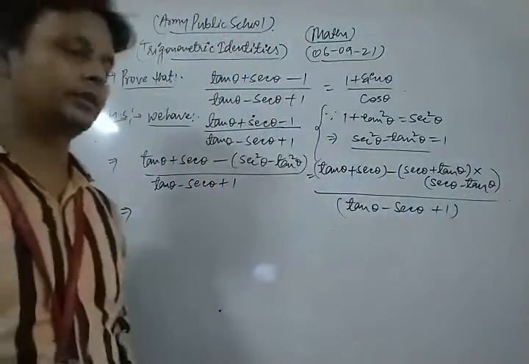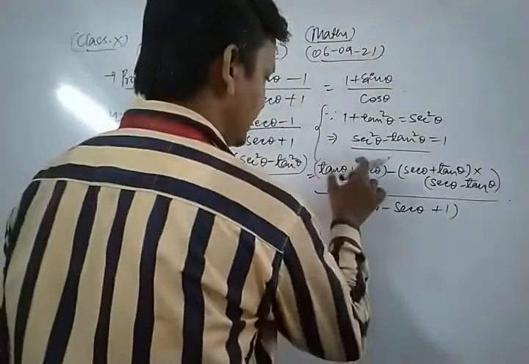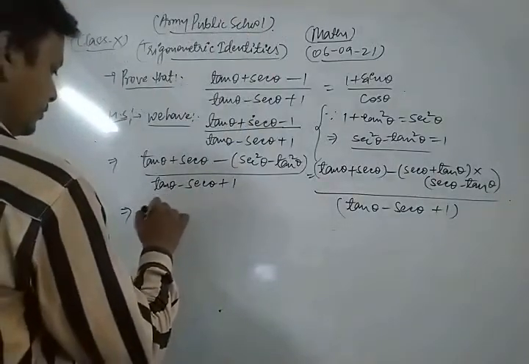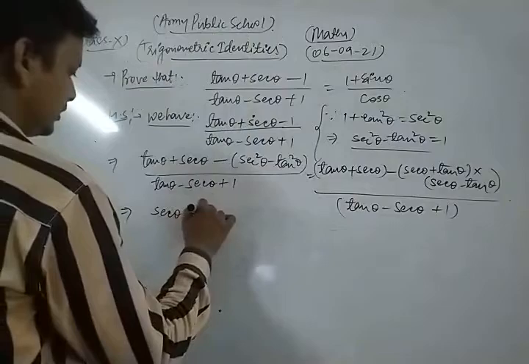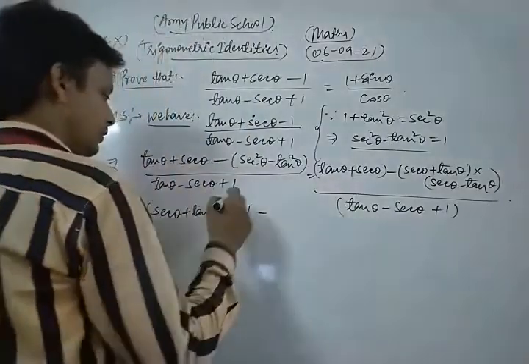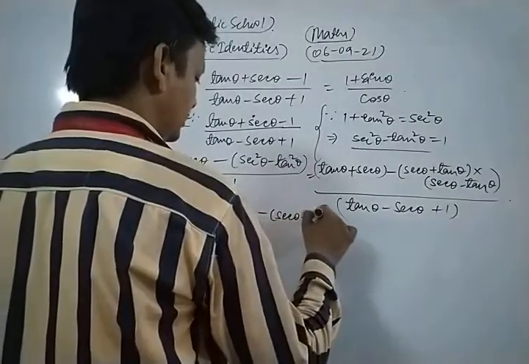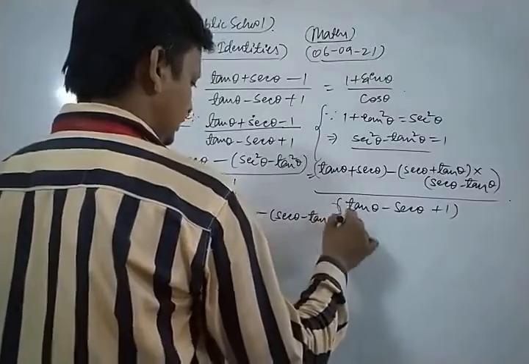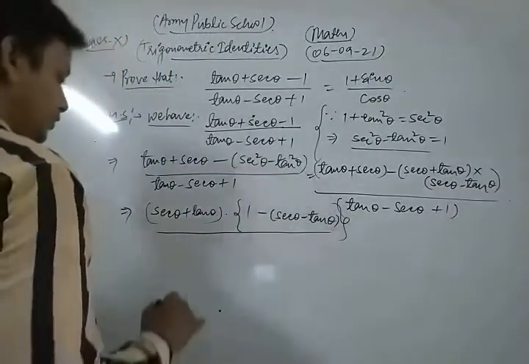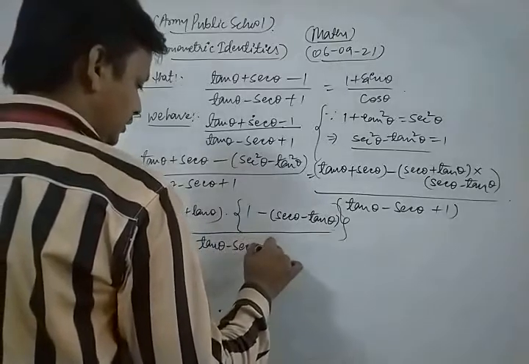Now in the numerator we take sec theta plus tan theta as common, so we get 1 minus, in the bracket what is left is sec theta minus tan theta. This is left in the numerator, divided by tan theta minus sec theta plus 1.